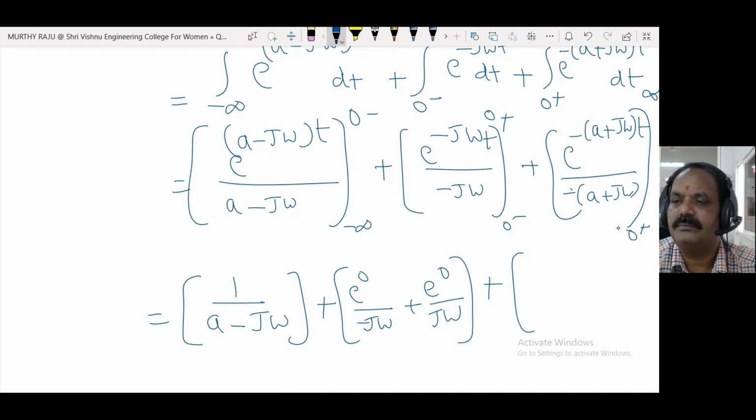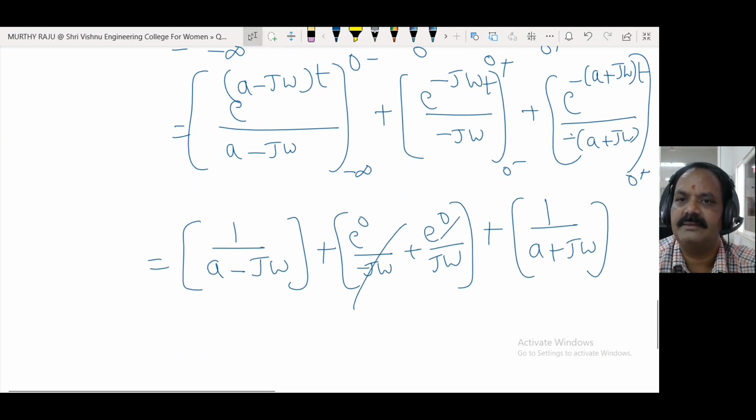Infinity is 0 minus e power 0 minus into minus plus e power 0 is 1 by a plus j omega. First, the upper limit is substituted: e power minus infinity is 0. For the lower limit, minus of minus plus e power 0 is 1 by a plus j omega. These two are cancelled.